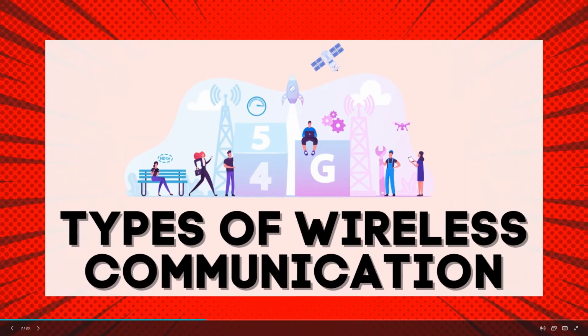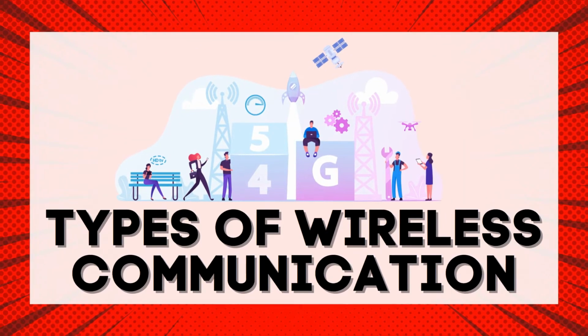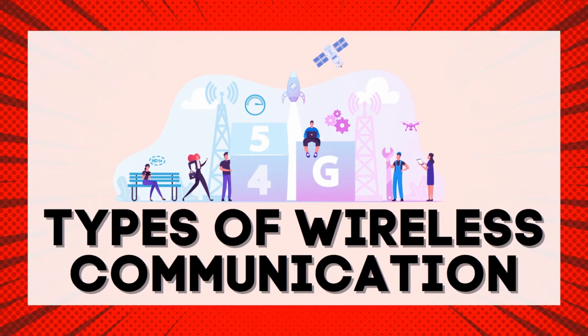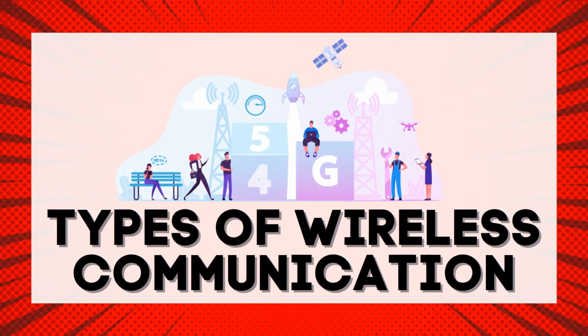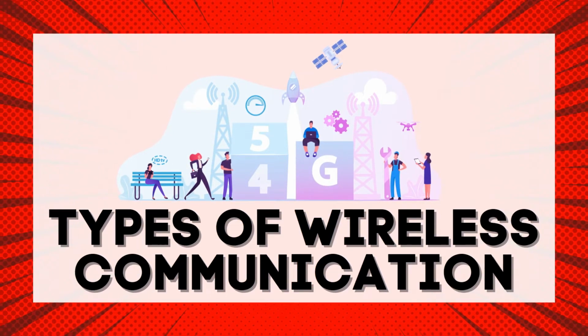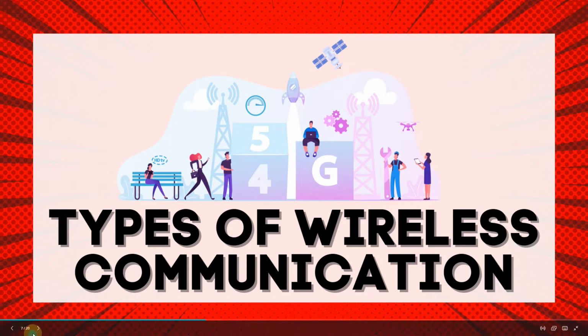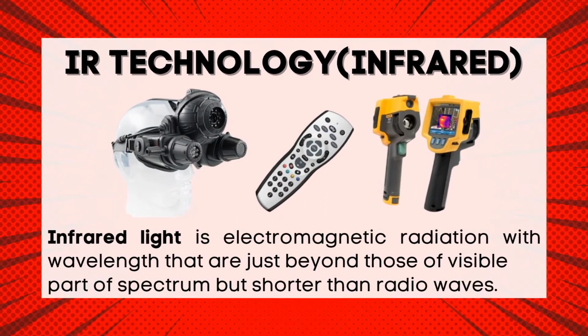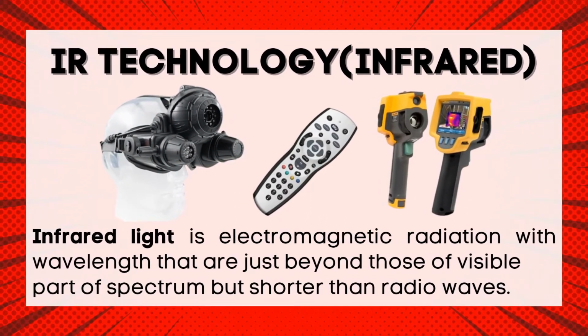So there are different types of wireless communication. Different types of wireless communication mainly include IR, satellite communication, Zigbee, Wi-Fi, WiMAX, and Bluetooth. So let's talk about IR technology, also known as infrared.